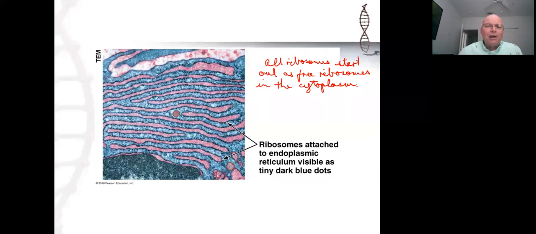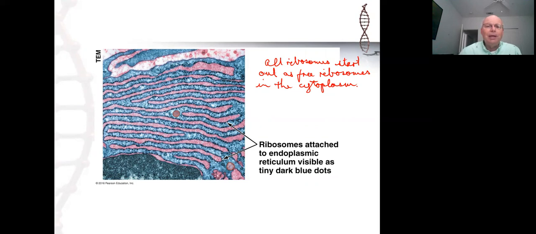So all ribosomes begin their functional life as free ribosomes in the cytoplasm. If they're making a polypeptide that is not destined for the endomembrane system, then they'll stay in the cytoplasm.